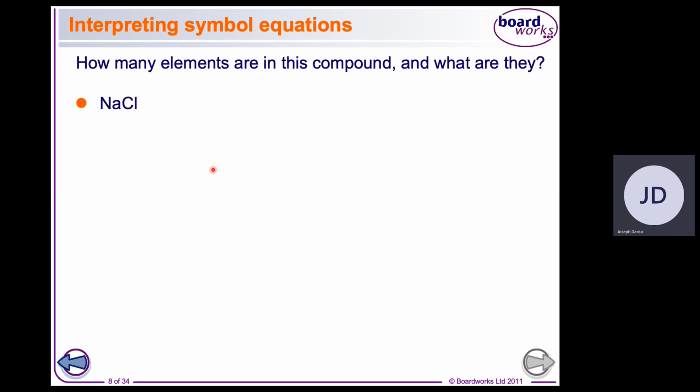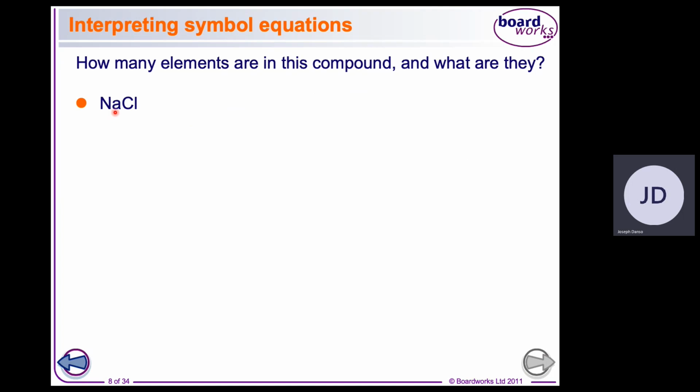In a symbol equation, if you remember, we said that we use a formula if it involves a compound, or a symbol if it is an element, to represent what happens in a chemical reaction. So let's see what the formula tells us. In this case, the example I'm using is sodium chloride.